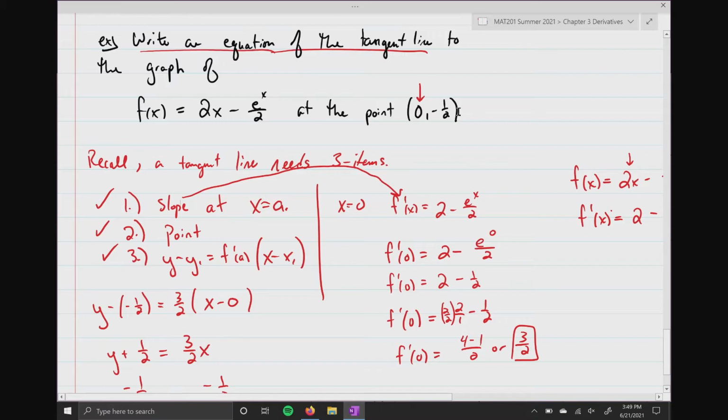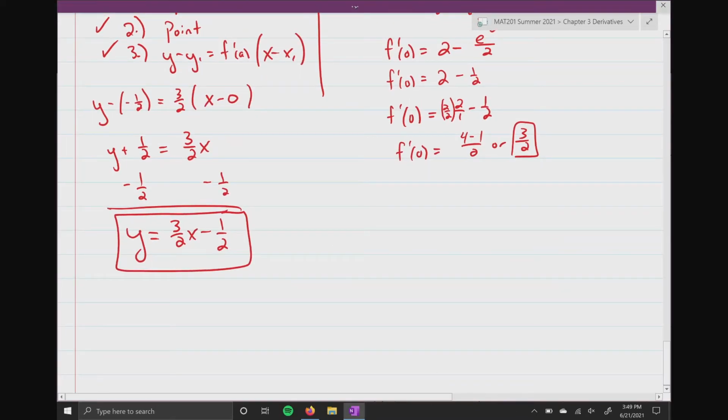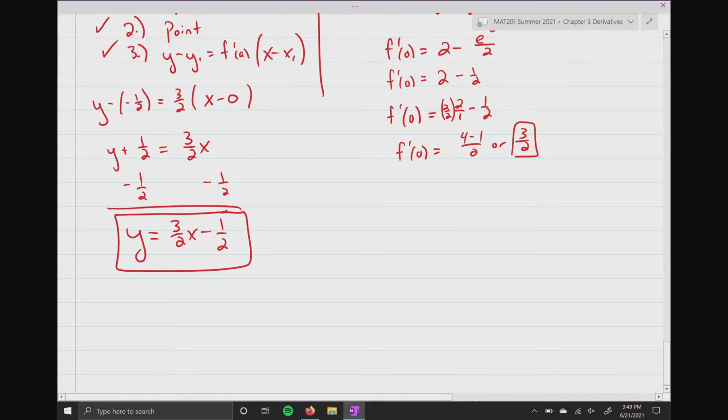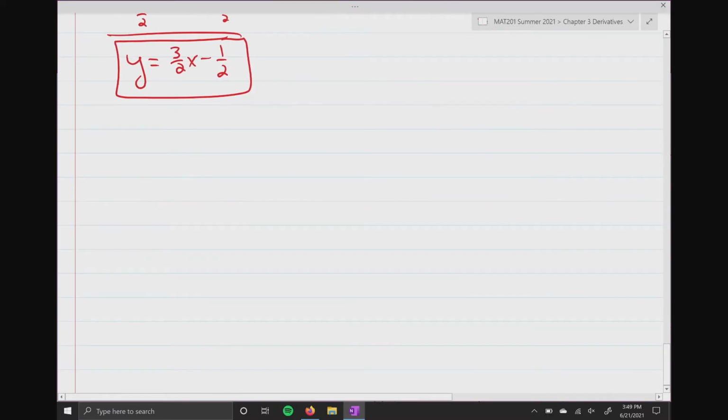Now, there is one more thing I want to go over, and that's just the idea of higher order derivatives. So what you're going to learn in a little bit, once we get into application problems and everything. So give me a second here. Let me just put higher order derivatives.